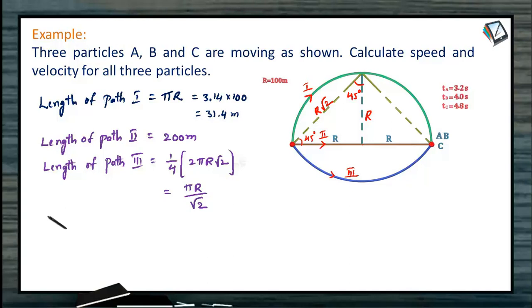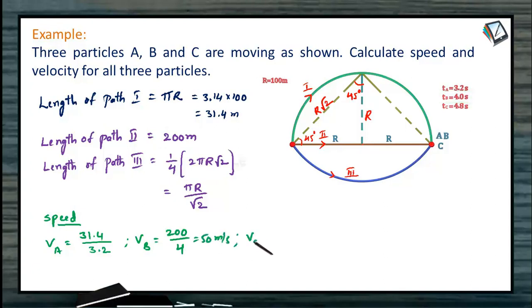So if we want to calculate the speed, then speed of the particle A will be equal to, particle A is moving along the path 1. So distance traveled is 314, and divided by the time taken by the particle is 3.2 seconds. So we can calculate that. And similarly, speed of the particle B. Particle B moves by a distance of 200 meter, and that is within 4 seconds. So its speed will be 50 meter per second.